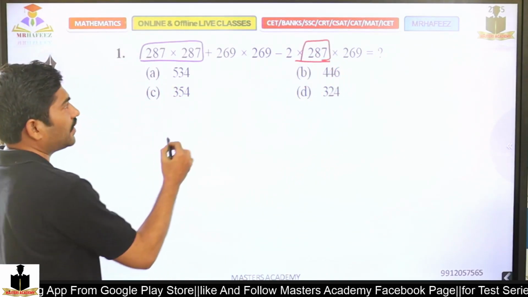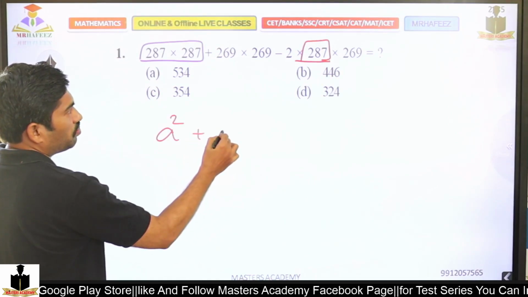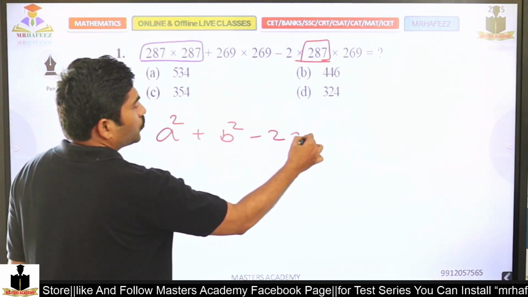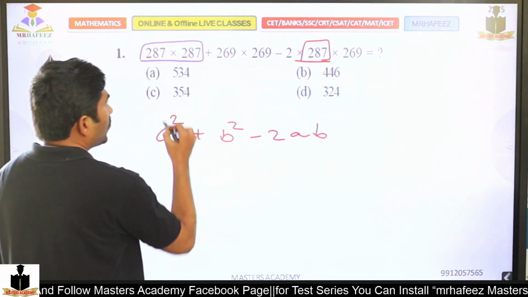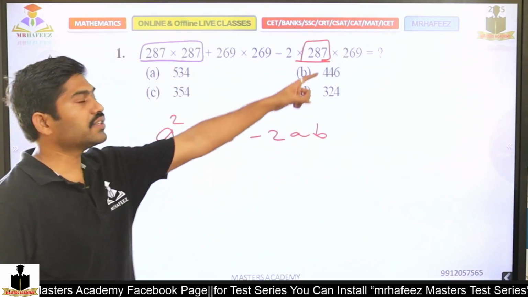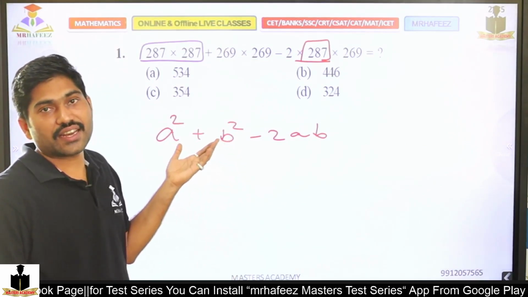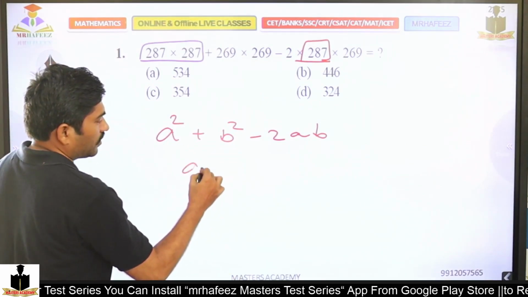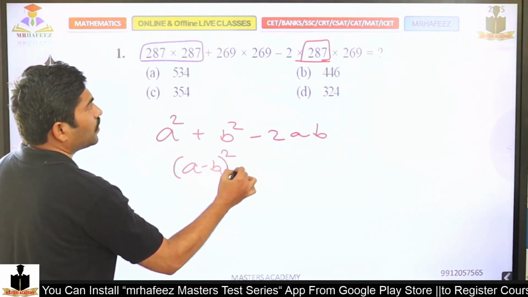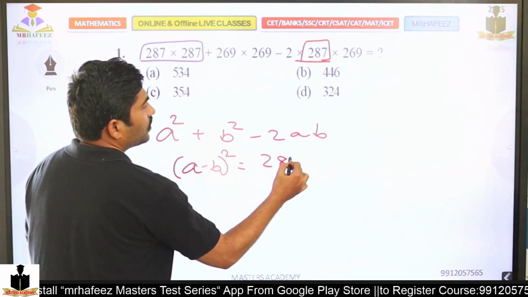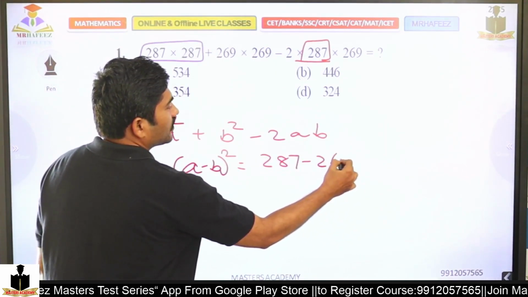This is just like a square plus b square minus 2ab. So a is 287, b is 269. So this is very simple, (a minus b) whole square. If you know that, the answer is very simple, 287 minus 269.